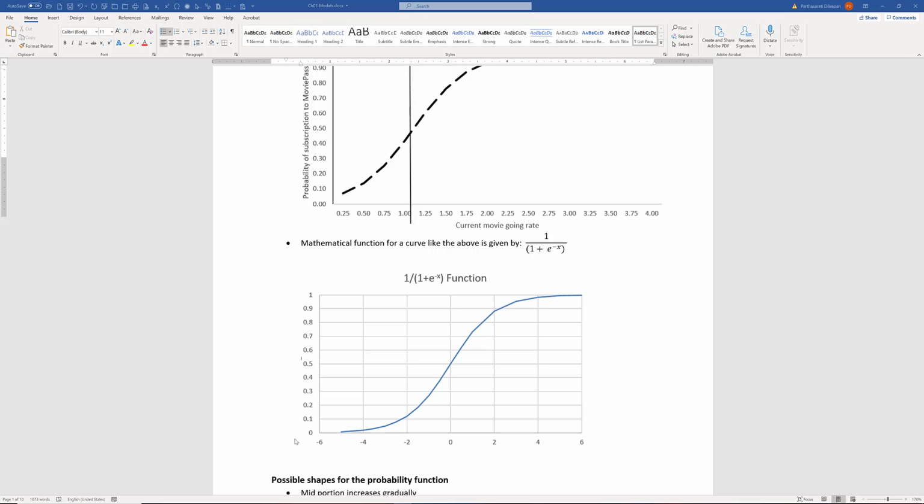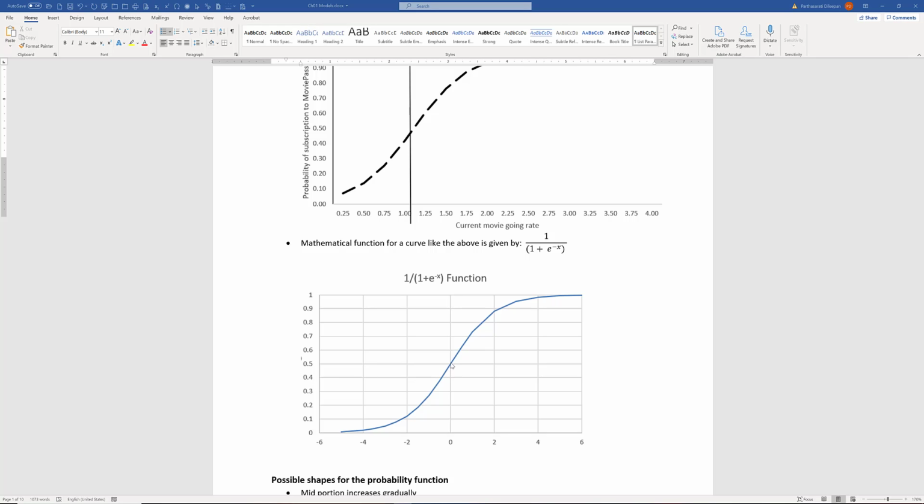It's not 0, but might as well be 0. Similarly, if x is really large, then you get a value close to 1. So this function gives you a number between 0 and 1, which is what we want for probability. Probability cannot be negative, and cannot be greater than 1. And when x is 0, you get a probability of 0.5.